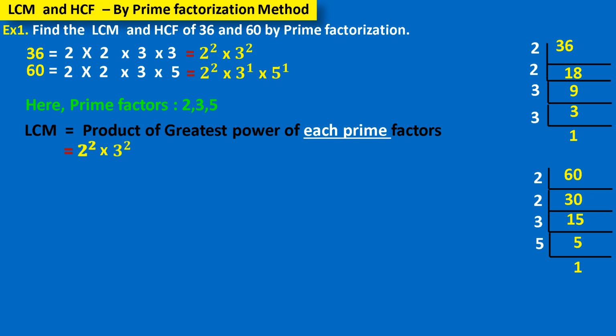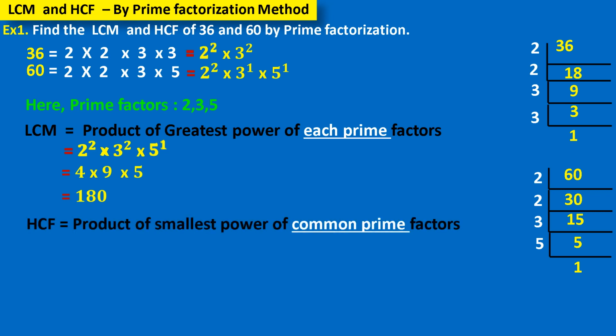Here only 5, so the greatest power is 5 to the power of 1. Now 2 square is 4 and 3 square is 9 and 5 to the power of 1 is 5. So 4 into 9 into 5 we get 180.